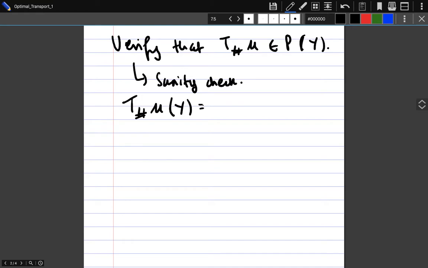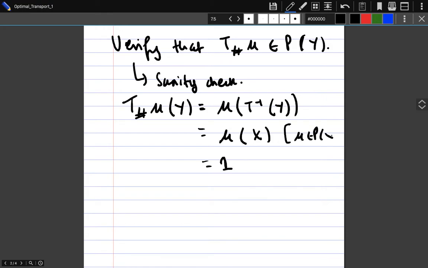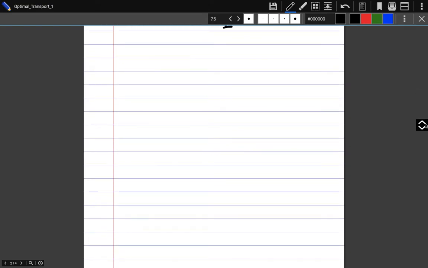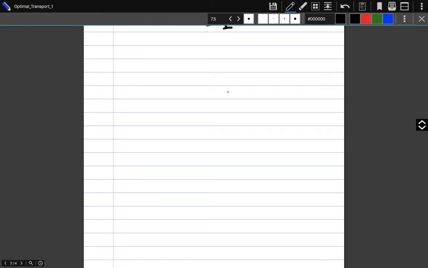The push forward of Y is simply mu of T inverse of Y, but the inverse image of the whole target space is X, and since mu is a probability measure, we know that this is equal to 1. So this is a quick sanity check that indeed it is a probability measure.